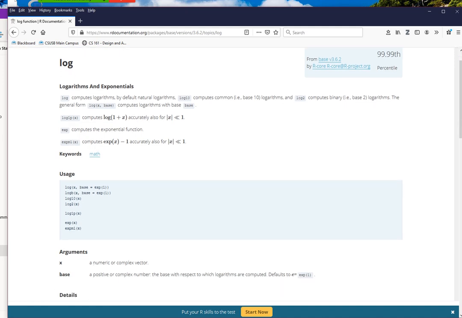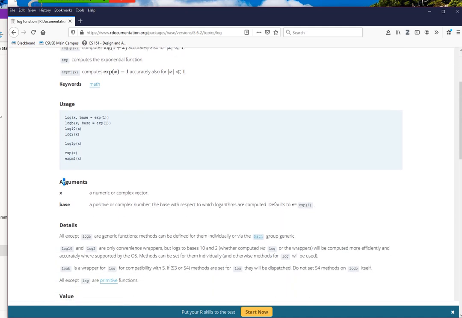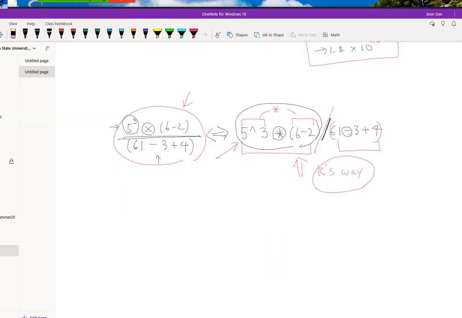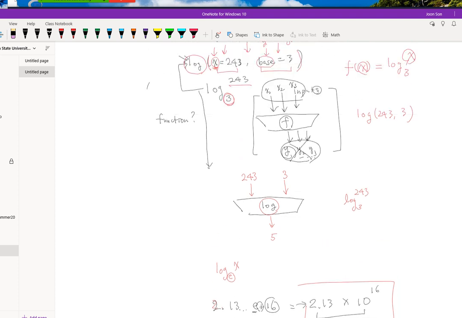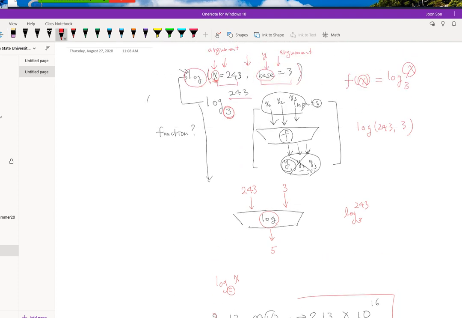If you look at the arguments, the arguments are basically the inputs to the function.